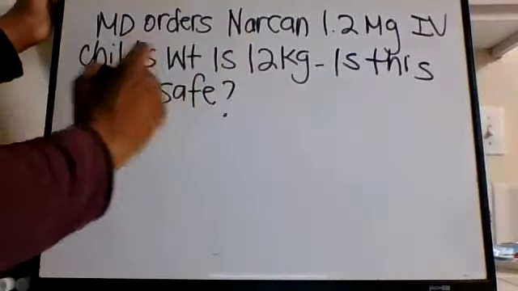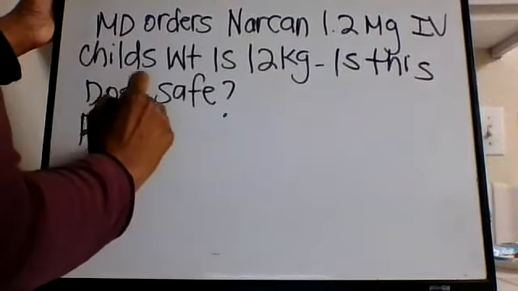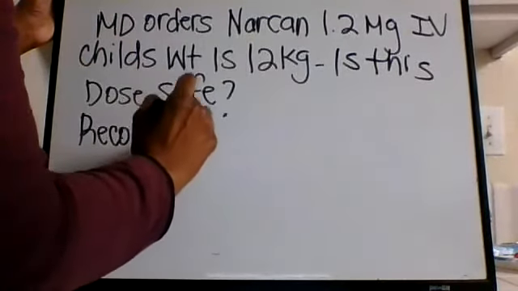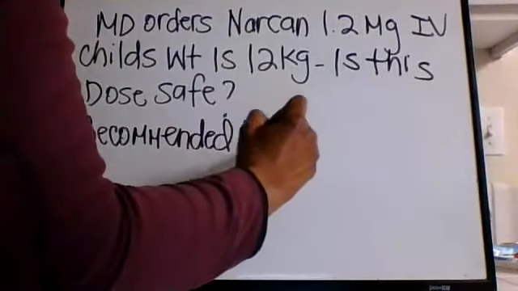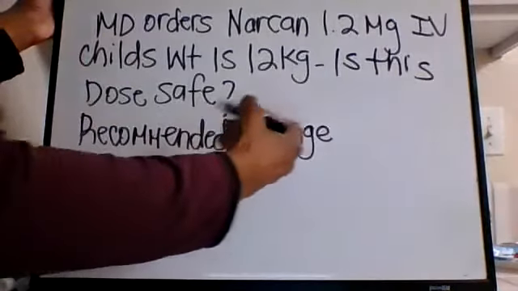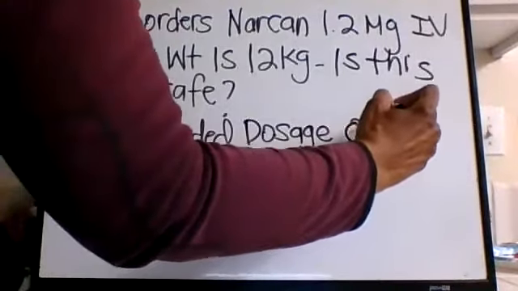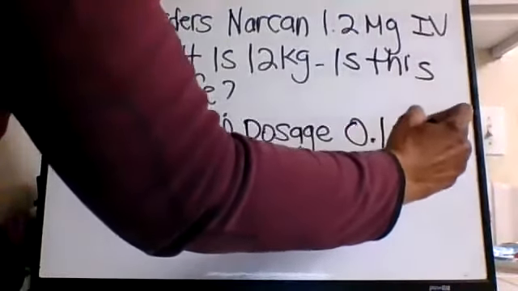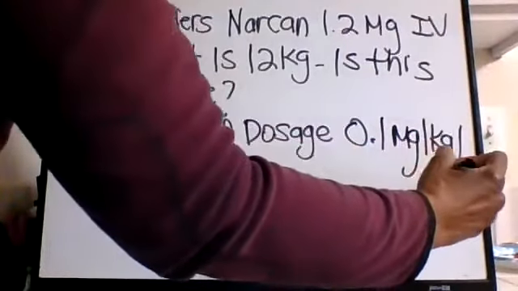All right, the rest of the problem is they also give you the recommended dosage. This is always given to you in the equation. The recommended dosage is 0.1 milligrams per kilogram per dose.